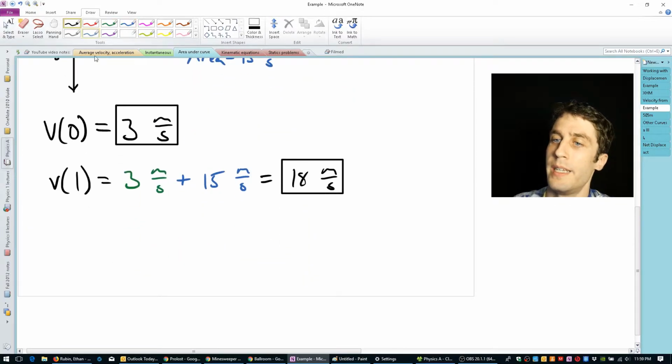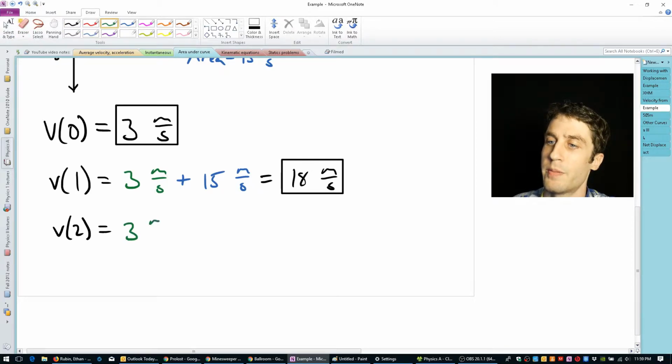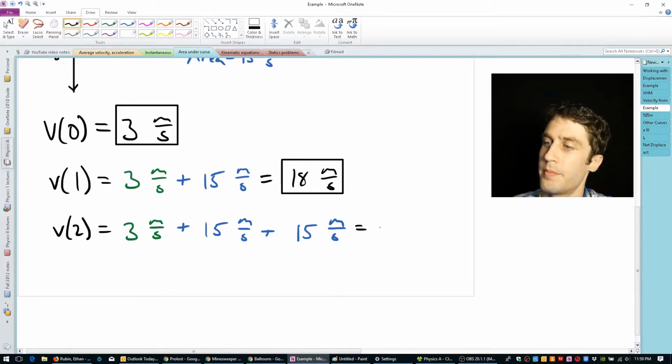And so we need to find velocity at 2 seconds. This is the cumulative velocity, and so it started its travel at 3 meters per second. Over the first second, it added 15 meters per second. And then over the second second, it added another 15 meters per second. So we add those all up, and we get 33 meters per second.